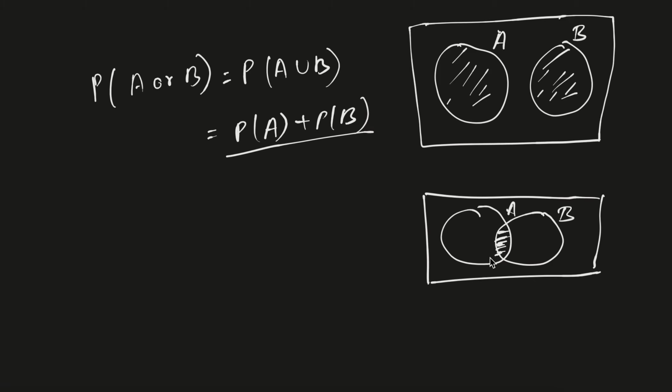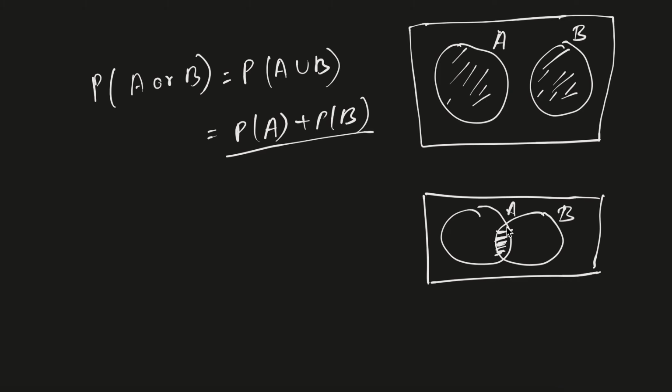This is something we call mutually inclusive. A and B contain some portion of each other, whereas above we had a mutually exclusive event, so we basically performed the addition.